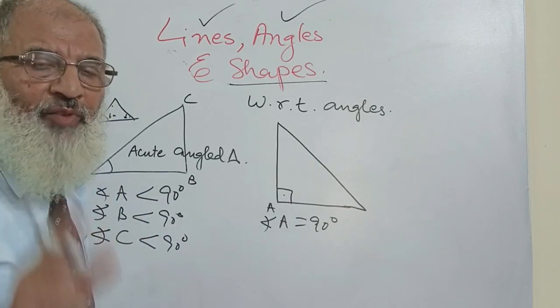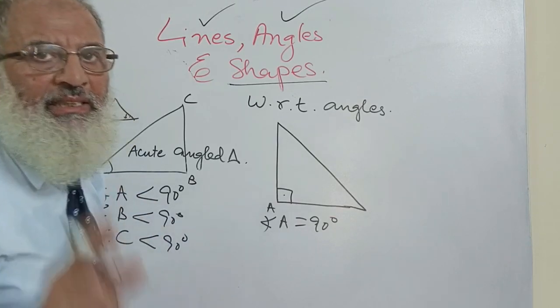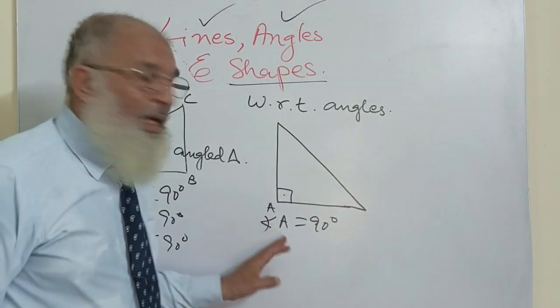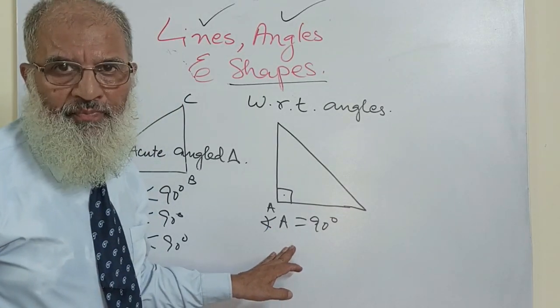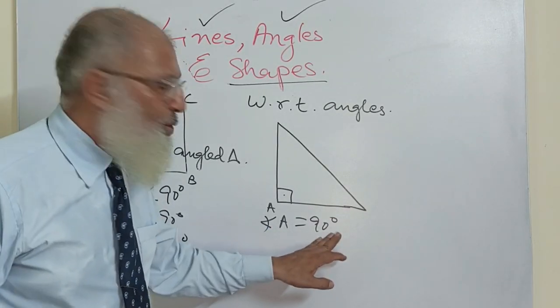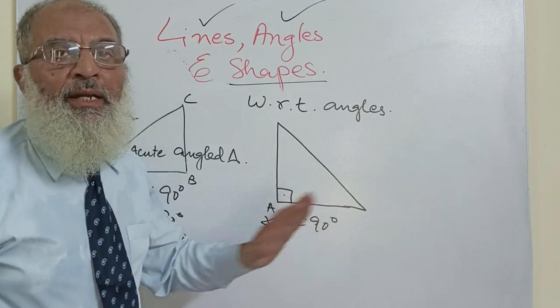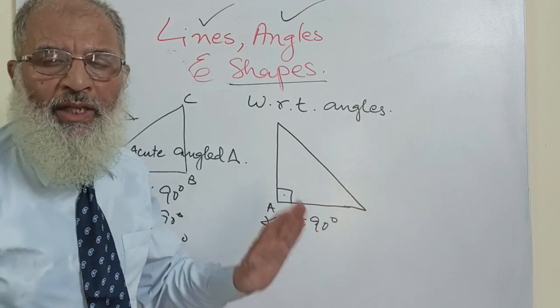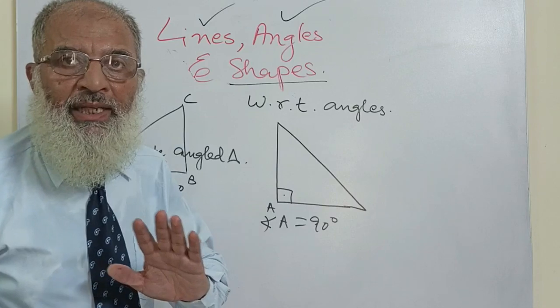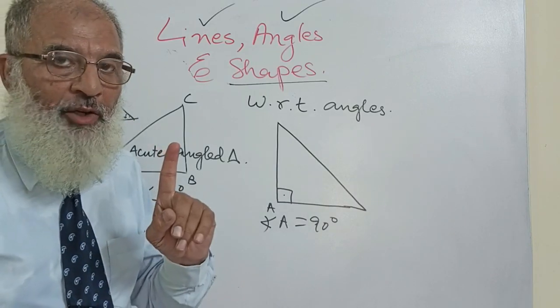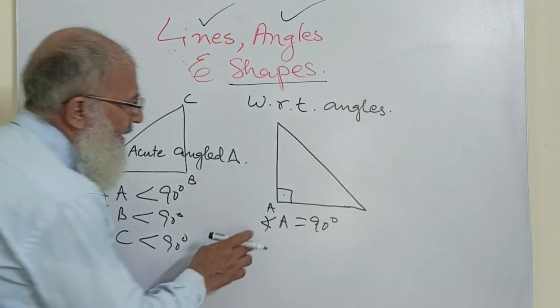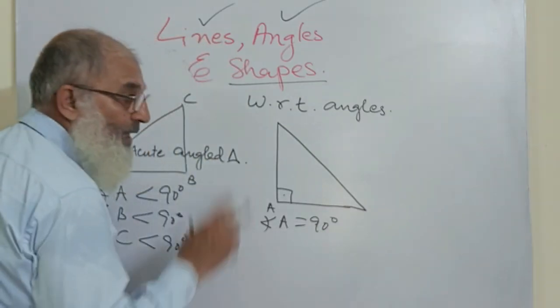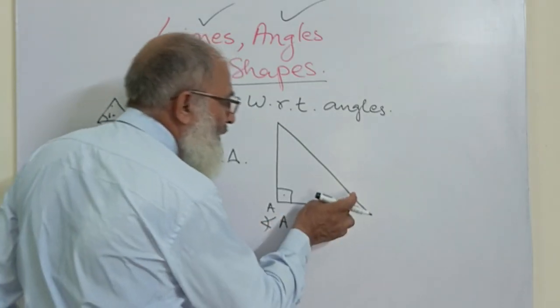Two angles in one triangle cannot be equal to 90 degrees. There will be only one angle that is equal to 90 degrees.